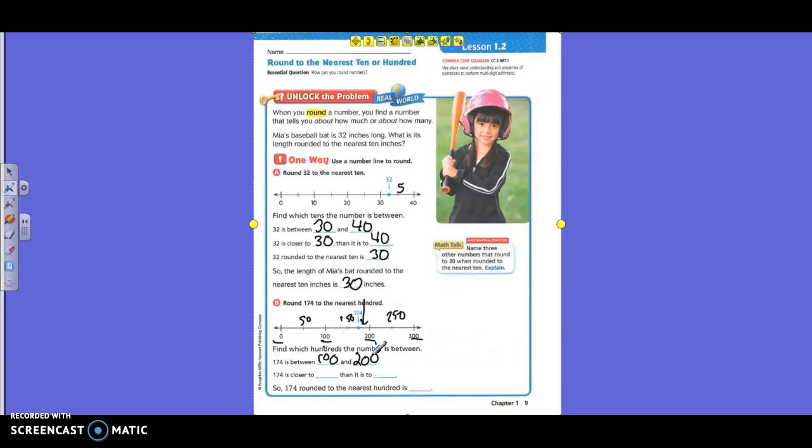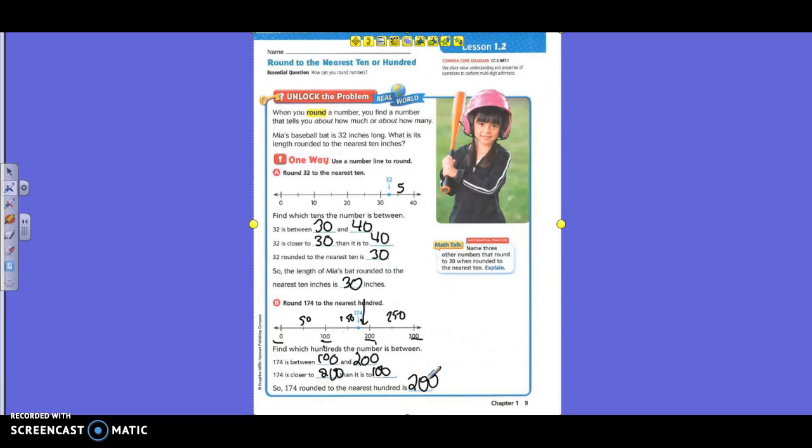What is it closest to? Is it closest to the 100 or is it closer to the 200? 200. It's closest to the 200 than it is to the 100. So 174 rounded to the nearest hundred is what number then? 200.